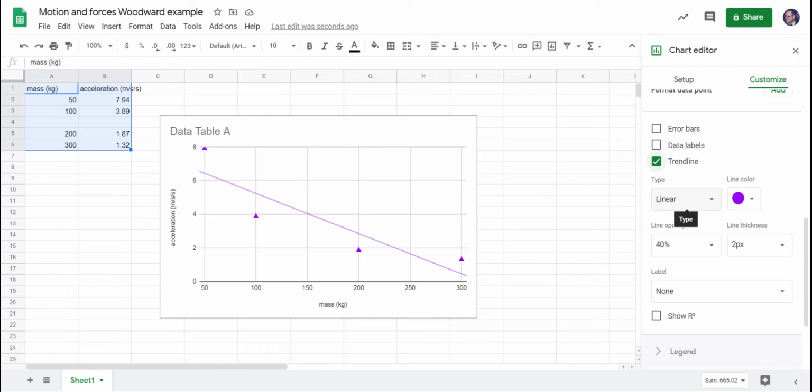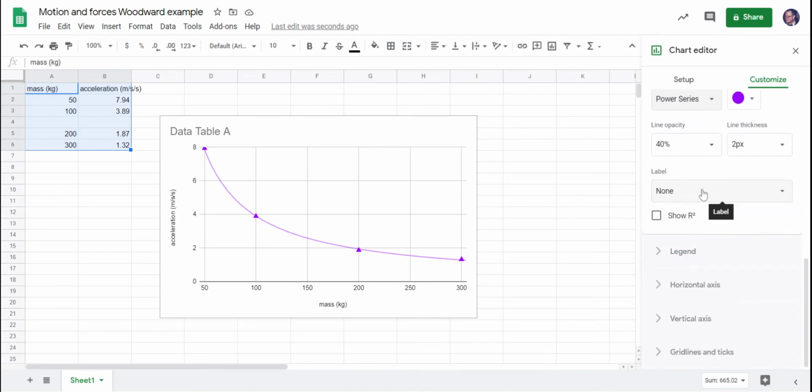We don't want a linear trend line. We can see that our data isn't in a straight line. So what I want you guys to select is a power series. And you'll notice when I select power series for my trend line, now all of a sudden, that trend line lines up with my data a lot better.